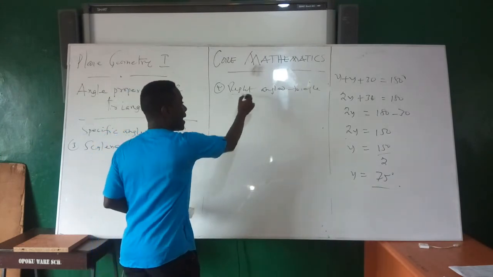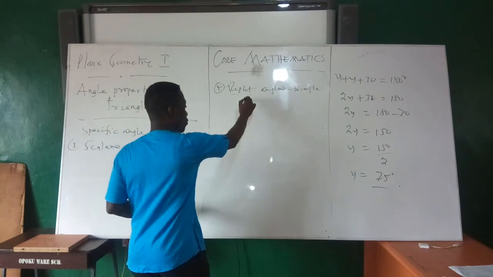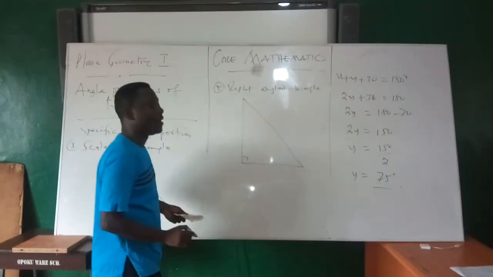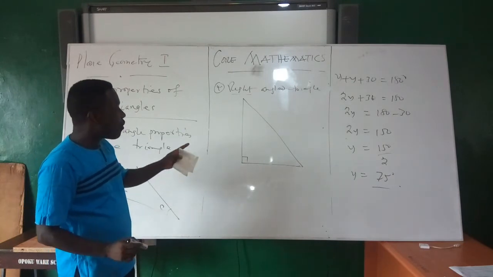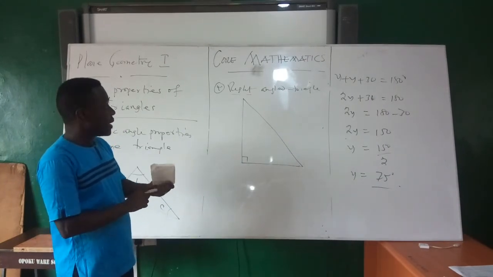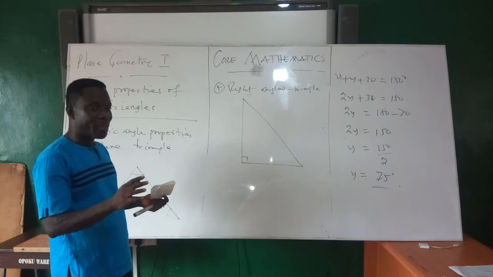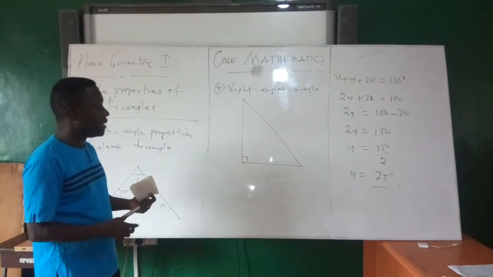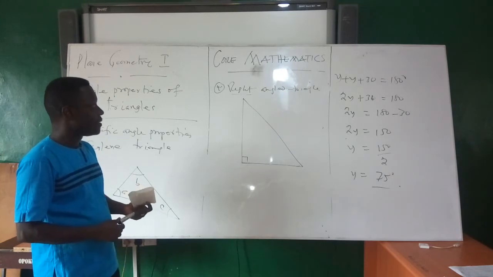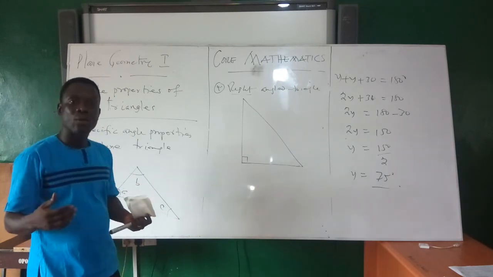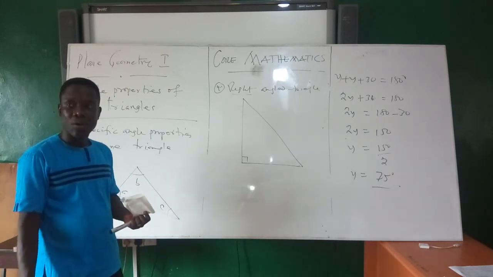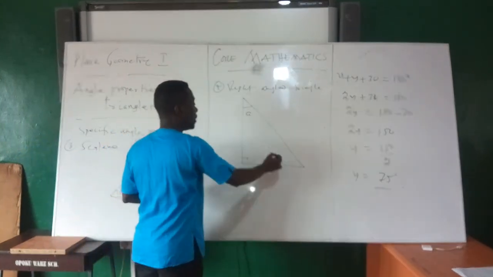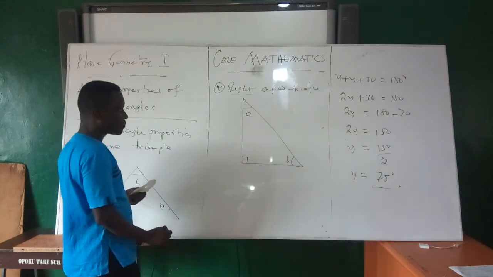Remember, right angle, 90 degrees. Later I'll look at the right-angled triangle in a more specific manner, bringing in the dimensions, the sides, and that will lead us to the Pythagoras theorem. But for now, I'm only interested in the angle properties.